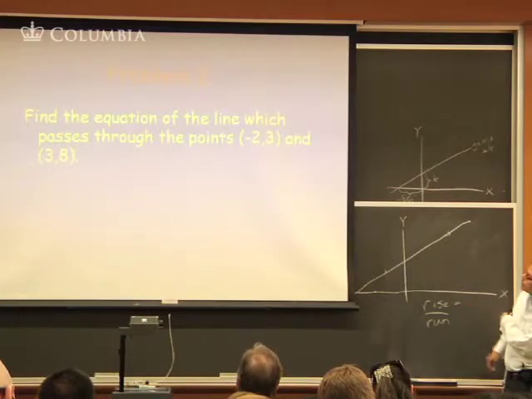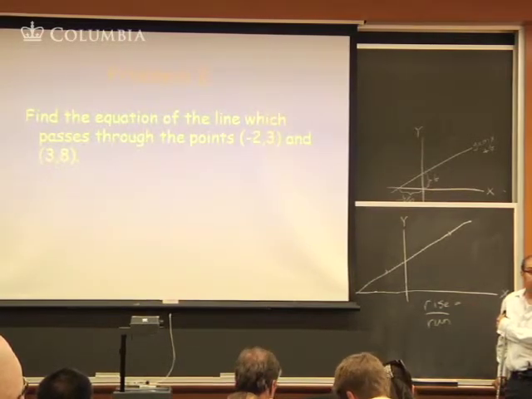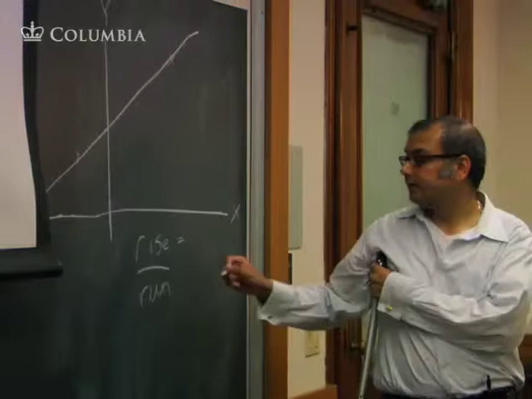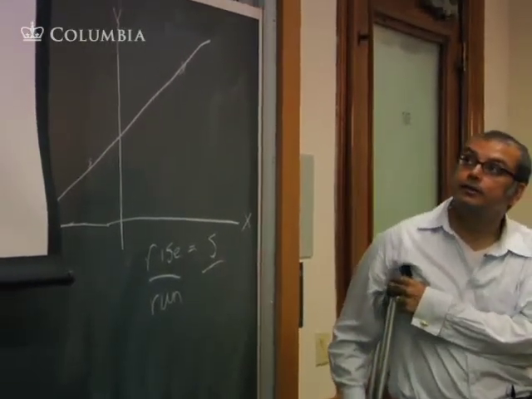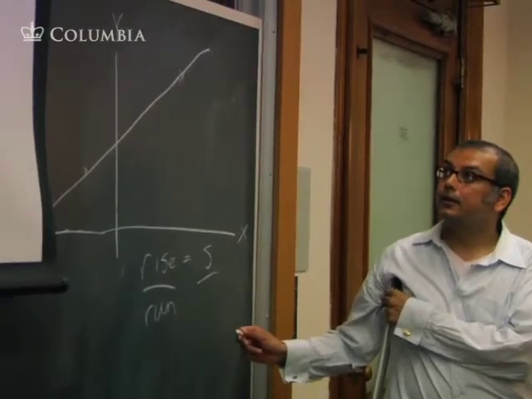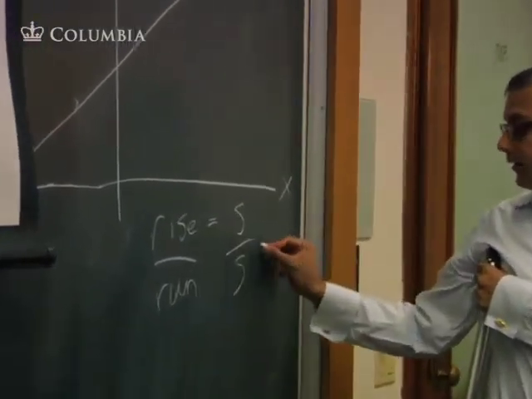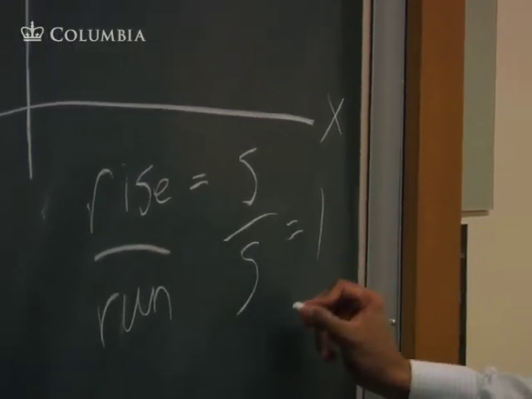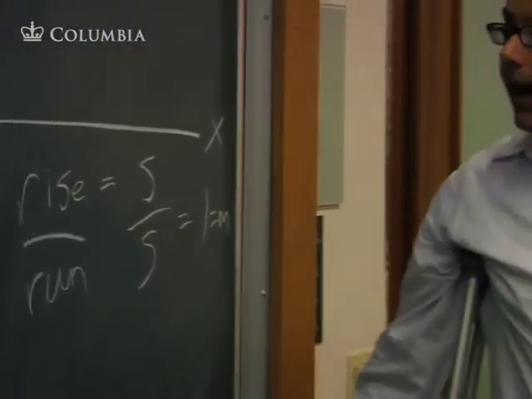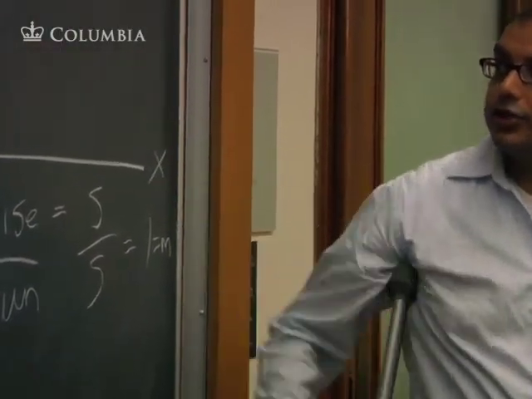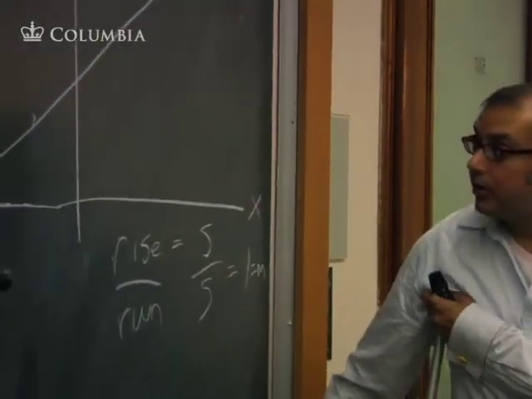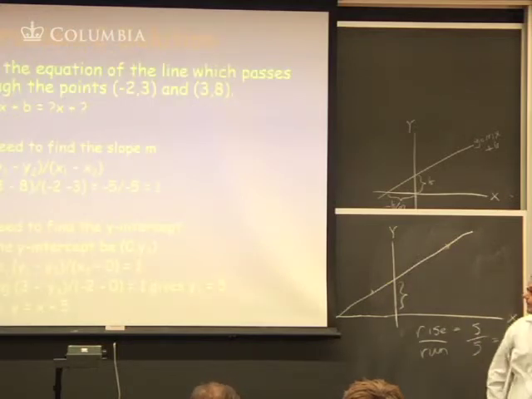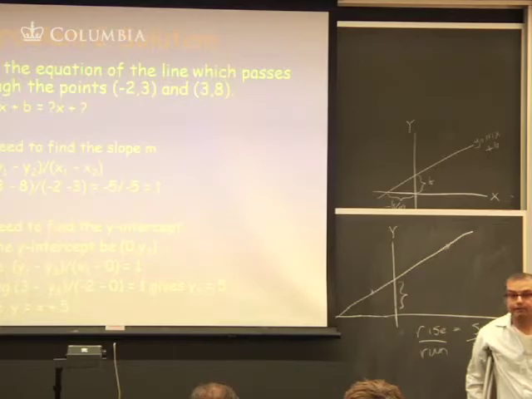So what's the rise? It's the change in y, so 8 minus 3, right? And what's the run? It's 5, right? Everybody okay? Okay, so that's m. And you could certainly just work out what this is to get b.